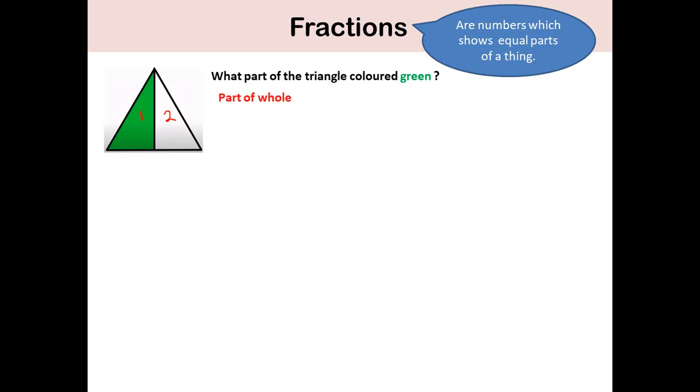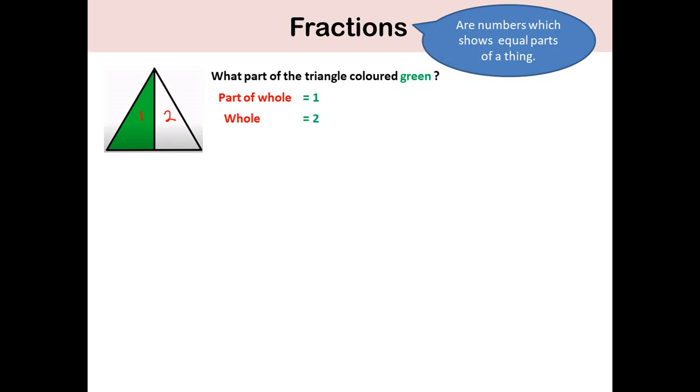So part of whole is one part. Now what is whole? The whole equals 2. Why? Because this triangle has been divided into two equal parts.